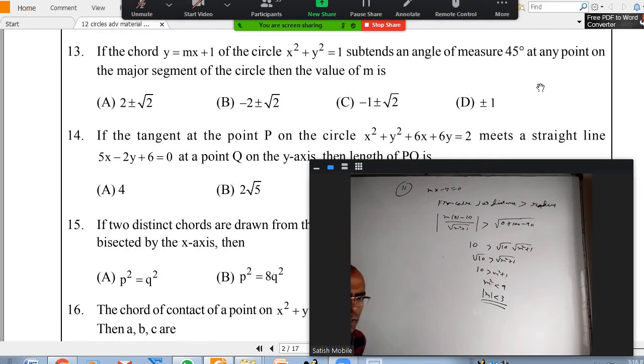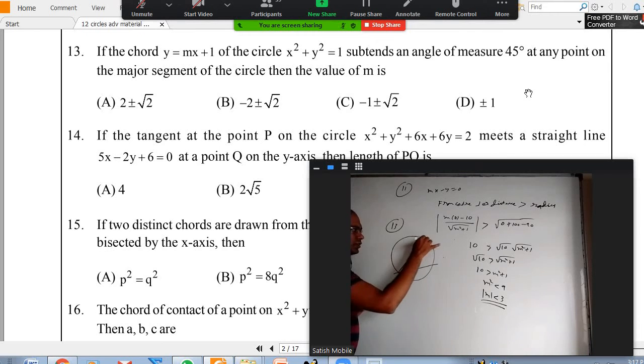The chord of the circle subtends an angle of 45 degrees at any point on the circle. The 13th question: they gave us a circle and a line.